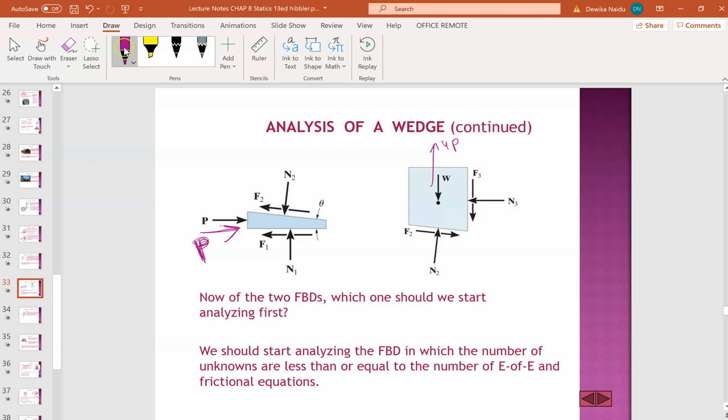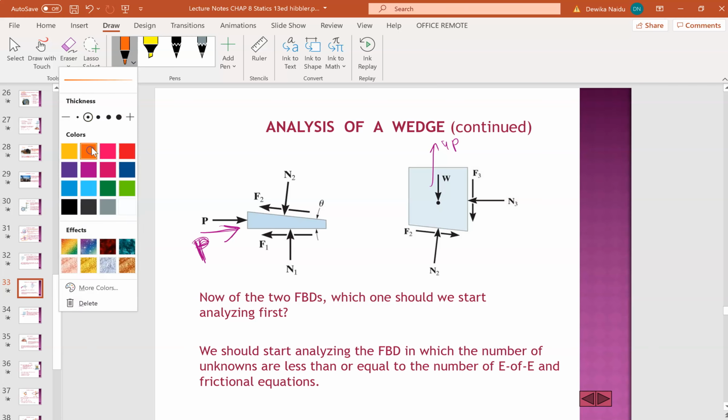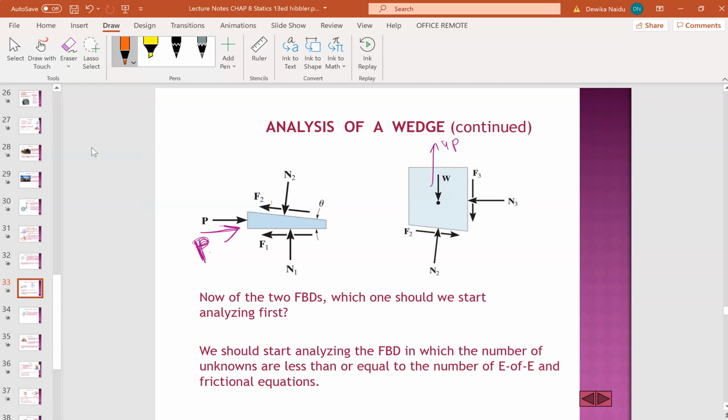Now I'm going to label this. Because of that, you have a friction opposing. This F2 and this F2 are partners. They are the same, so whatever value you have calculated for this F2 and the N2 here, they are partners with the same value.